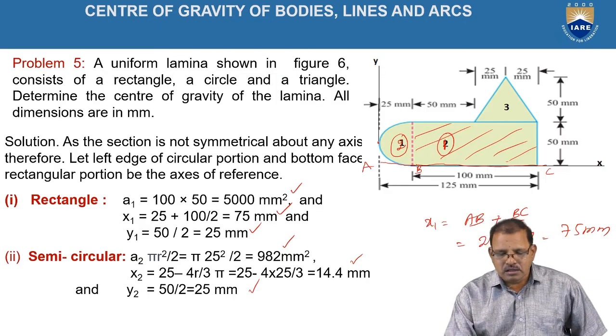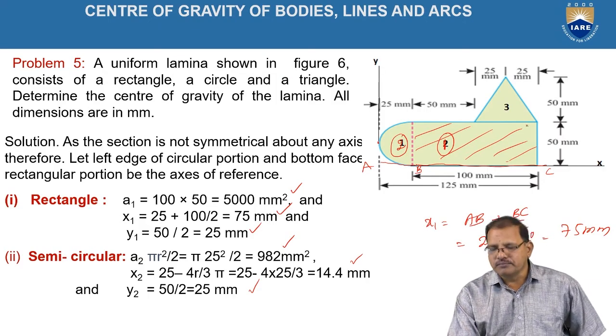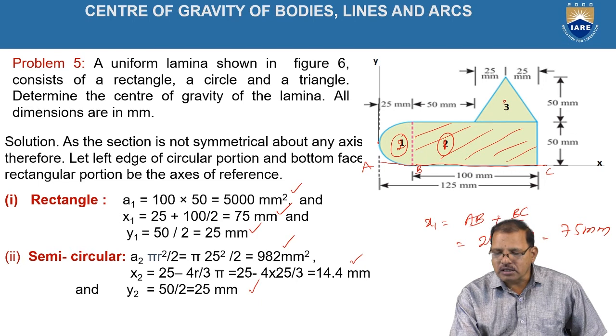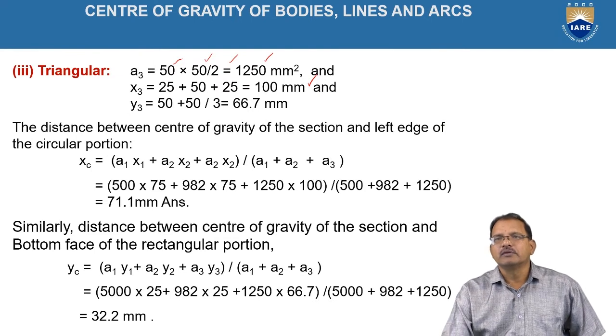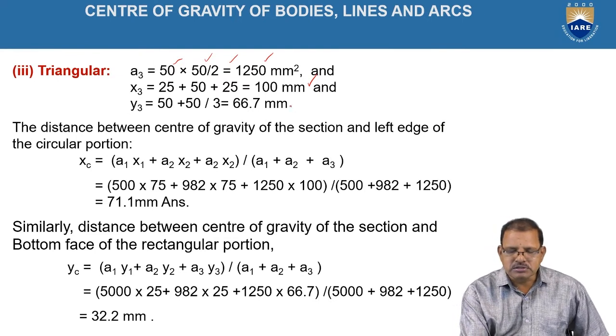Again, for the triangle, xc is equal to 25 plus 50 plus 25, which is equal to 100. And y3 is equal to 50 plus h by 3, 50 plus 50 by 3, which is equal to 66.7 mm.